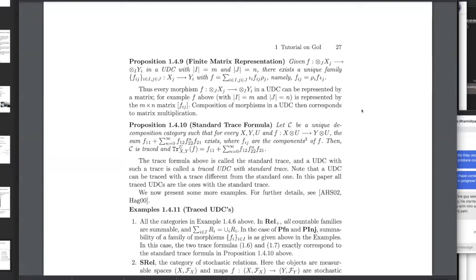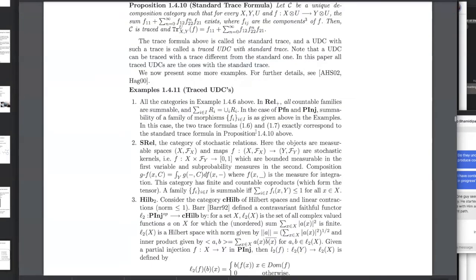Either you go straight down, or you go out the U, you come back in the U, and loop around some number of times until finally you can come out the Y. That's what this trace is doing. That's exactly what this formula does. And you get that from the unique decomposition property.